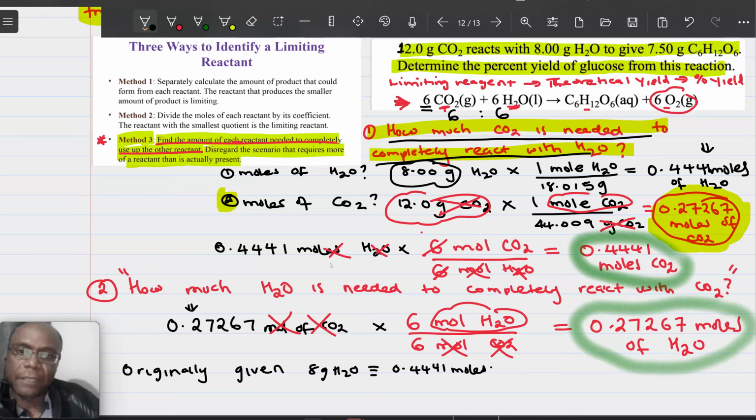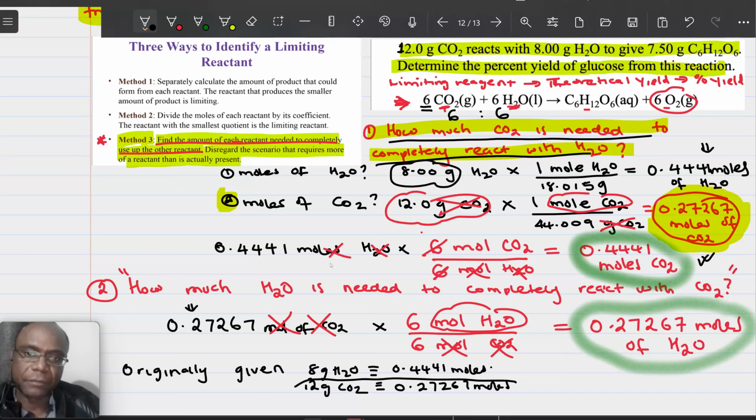Okay, and then we are also given 12 grams of CO2, which is equivalent to 0.27267 moles. Now look at what we found out. How much CO2 is needed to completely react with water? We need 0.4441 moles of CO2 to completely react with water. Do we have that much CO2 from the original amount?